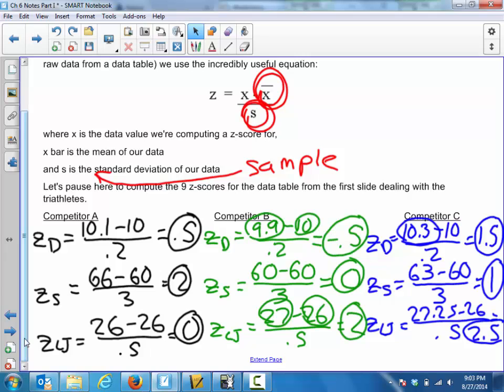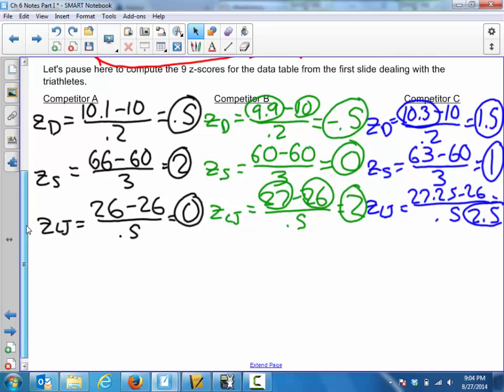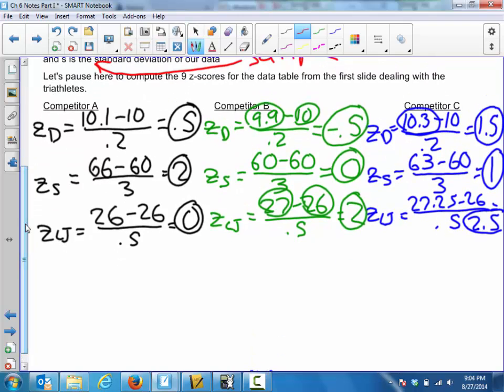all you have to do to be able to compare and say how outstanding a performance, an individual, a thing is, you just have to compute their z-score and that will allow you to compare to other types of categories, other types of events in this case.